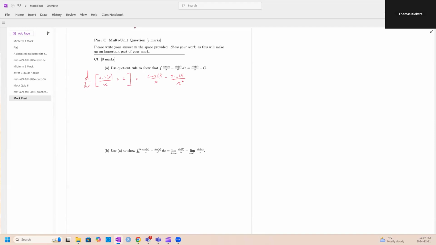And to help with this, we're going to note that this equals the derivative with respect to x of sine of x over x plus the derivative with respect to x of c. Now this, because it's a constant, equals 0. So it equals just the derivative of this expression, which we're going to compute using quotient rule.